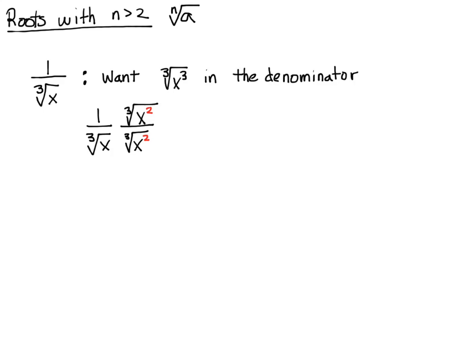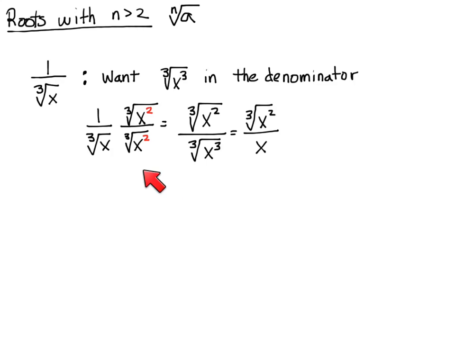So I take the cube root of x squared, and then that becomes the cube root of x cubed, and now that cube root goes away, and we just get the cube root of x squared over x. So this is the crucial difference: we have to look at what is the exponent under the radical, and what exponent we have to use under the radical in our rationalizing factor in order to make that radical go away.